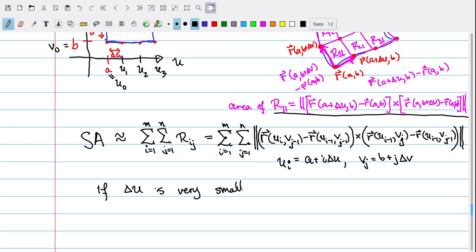And if delta u is very small, so I've used a ton of quilt patches, then I can approximate r of u_i v_j minus 1 minus r of u_i minus 1 v_j minus 1 using the partial derivative with respect to u. This will be approximately the same thing as r sub u of u_i minus 1 v_j minus 1 times delta u. That's just linear approximation.